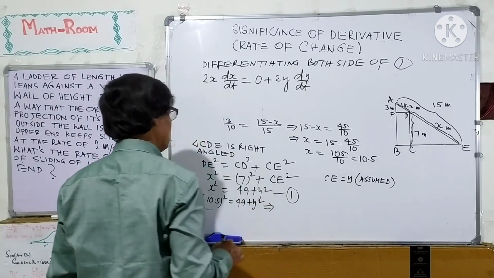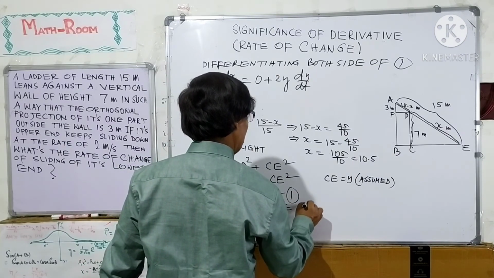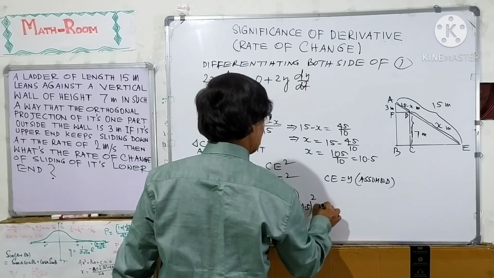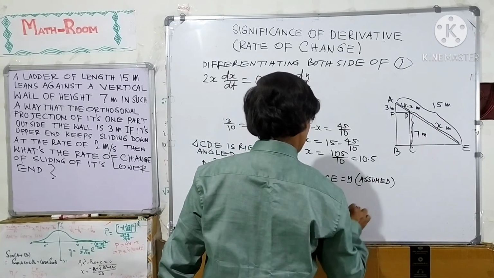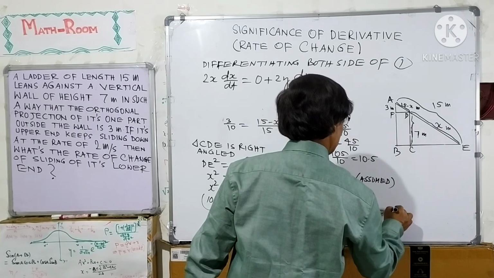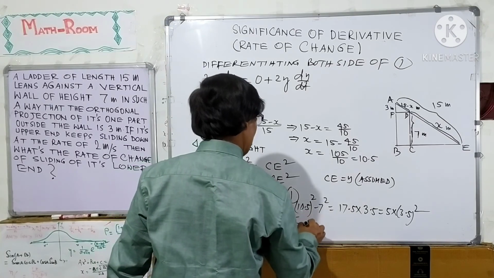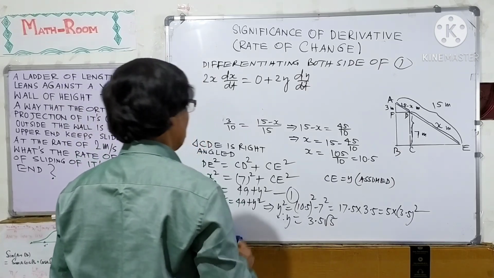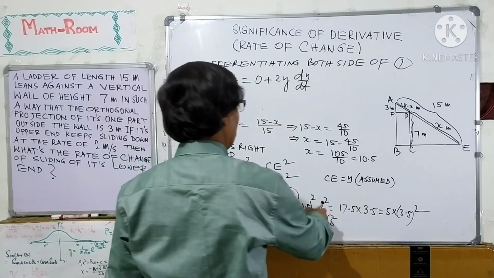We can get the value of y from this equation. y square equal to 10.5 square minus 7 square, that is 17.5 into 3.5, that is 5 into 3.5 square. So y equal to 3.5 root 5.